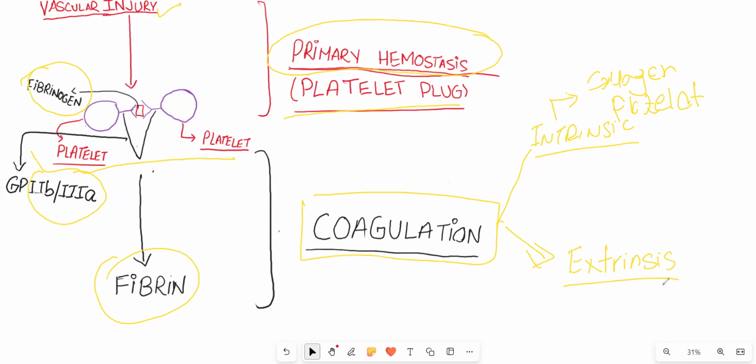The activator of the extrinsic pathway is tissue factor. These two pathways then ultimately lead to the common pathway, and it ultimately converts soluble fibrinogen into fibrin.